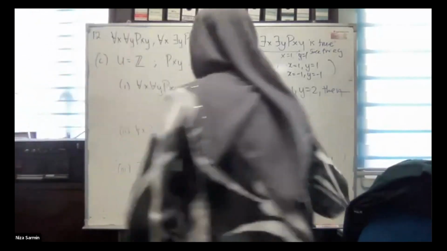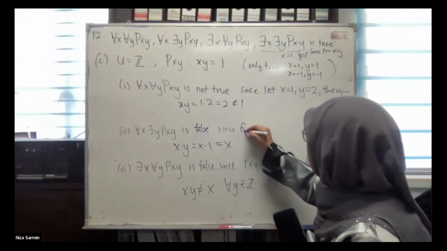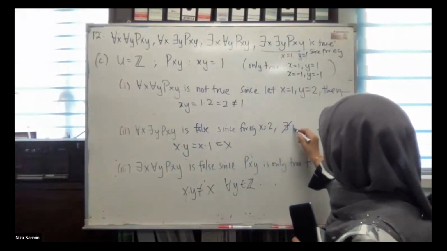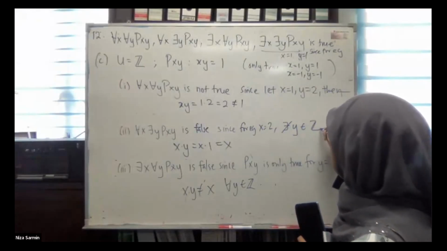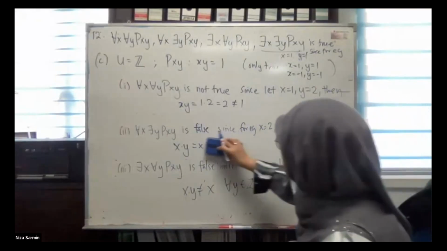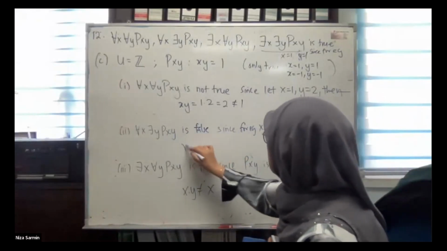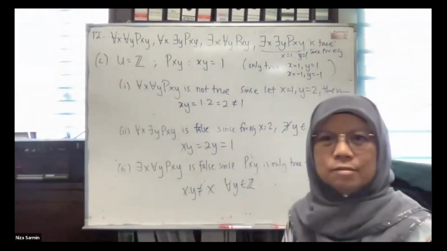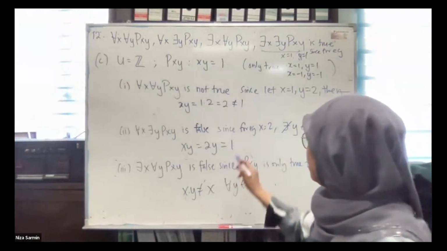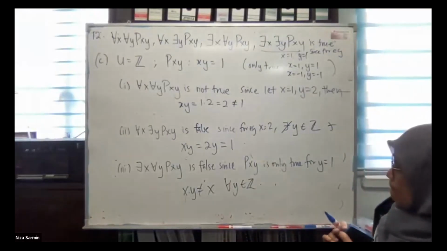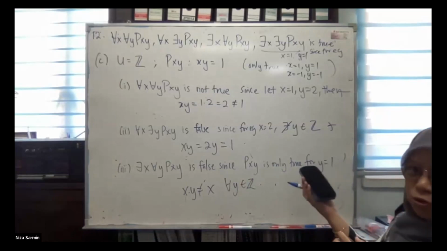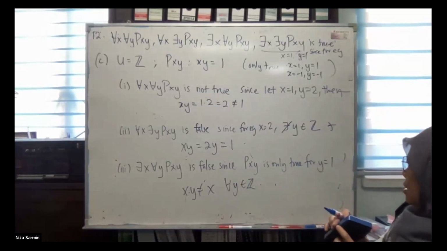For example, x is 2, there is no y in Z such that xy equals 1. And the same thing for for all y, because it's only true for y is 1. This is false.